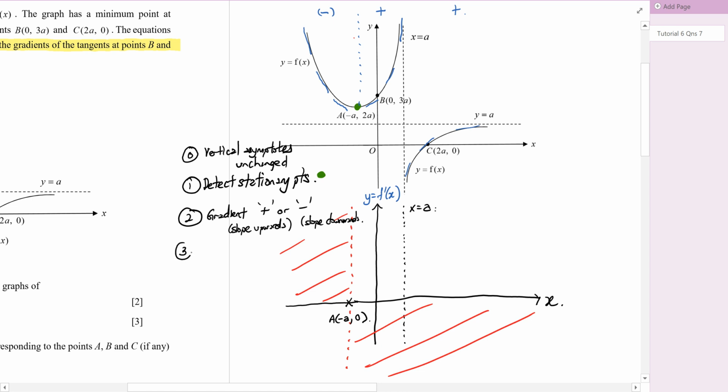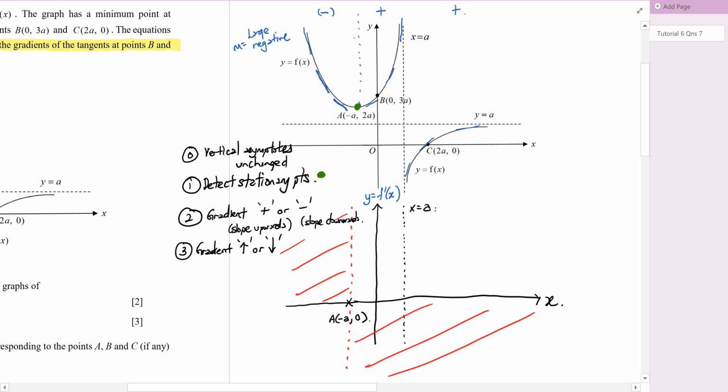Last step, look at your gradient and ask yourself if it's increasing or decreasing. What do I mean by that? If you look at the gradient here, you can see that it is a very large negative number, and then the negative number approaches 0.